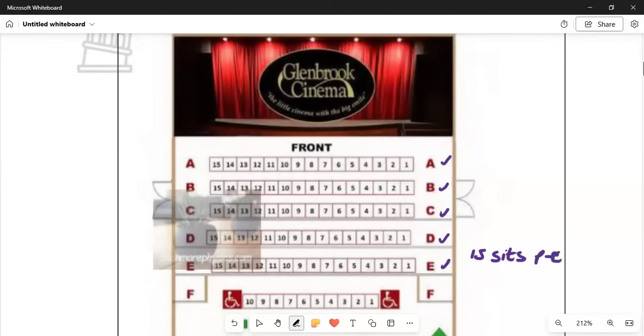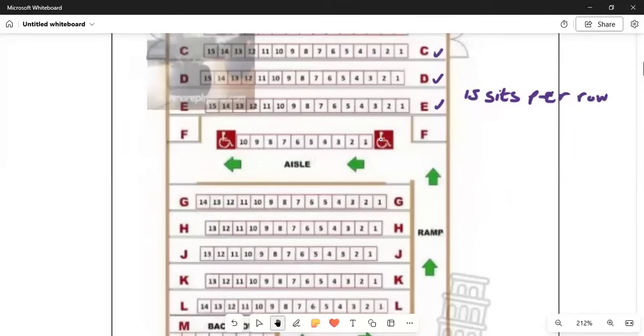Per row. So you write it down there thoroughly. All right. Then you are also having the other one. This is for people with disabilities.